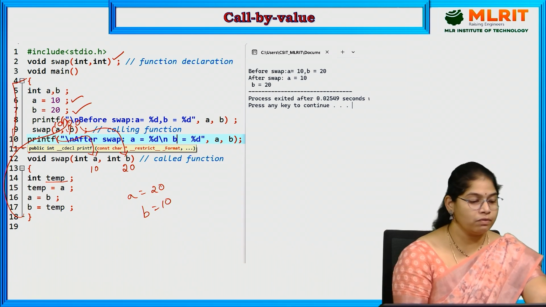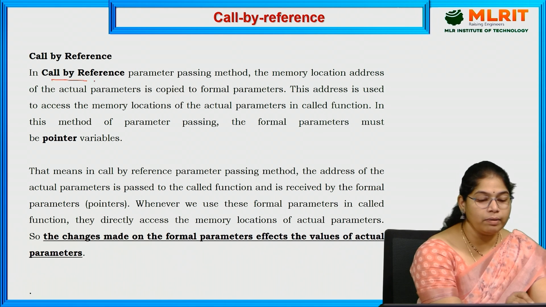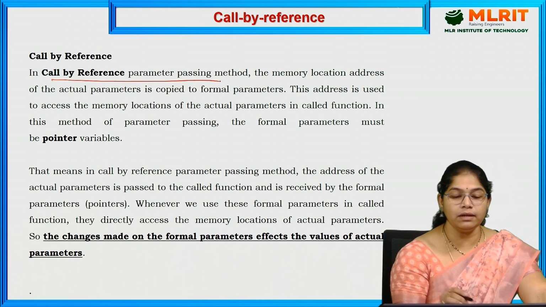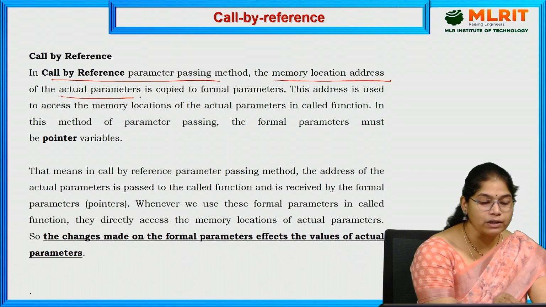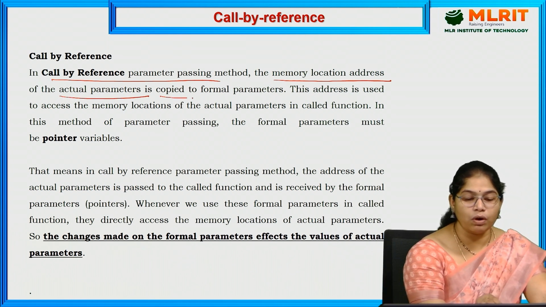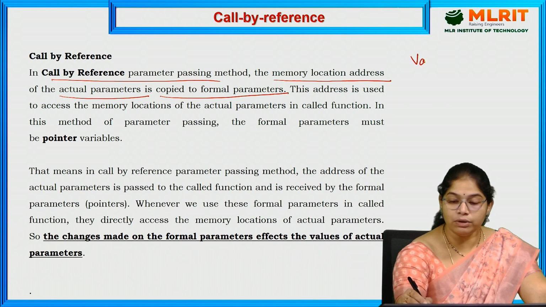So for this, we are using call by reference. In the call by reference parameter passing method, the memory location address of actual arguments is copied to formal parameters. In call by value, the value is copied.